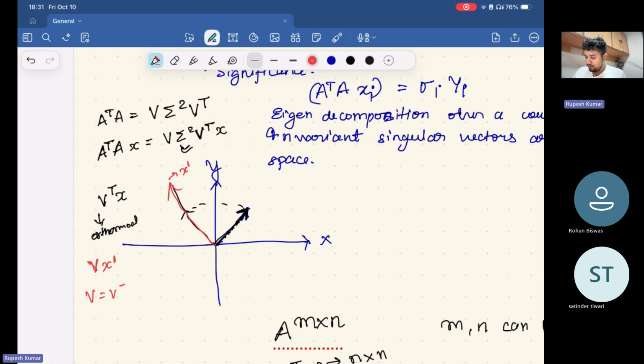Since V is the inverse of V transpose, it will do the inverse operation of what V transpose was doing. So V transpose rotated in the anti-clockwise direction by some angle theta. So V will rotate it by angle theta in the clockwise direction, right? The opposite. It will simply rotate the vector like this and it will come here. So essentially, in some way, you are only doing a scaling operation if you multiply by the A transpose A matrix, right? Everyone, do you get this?